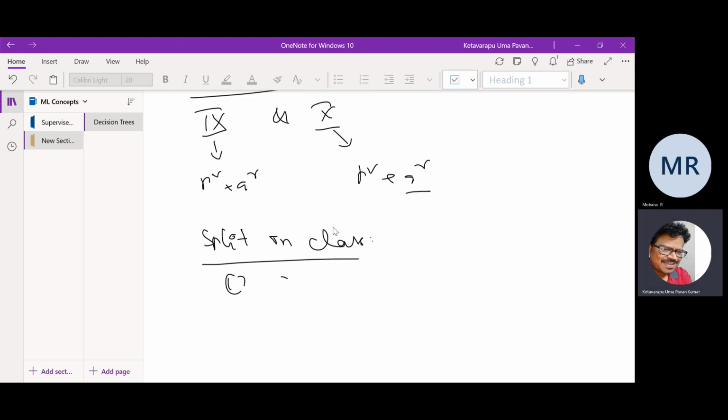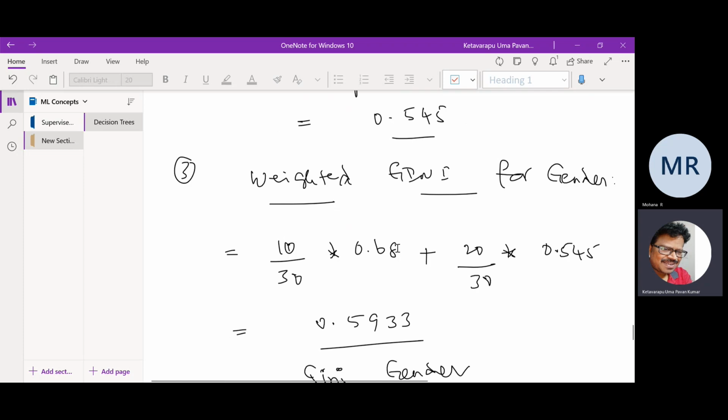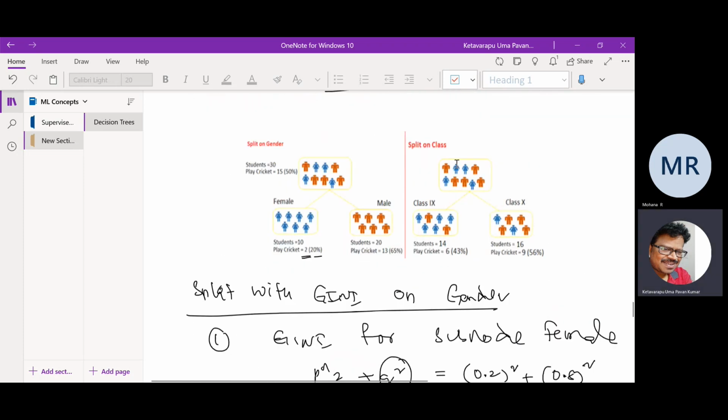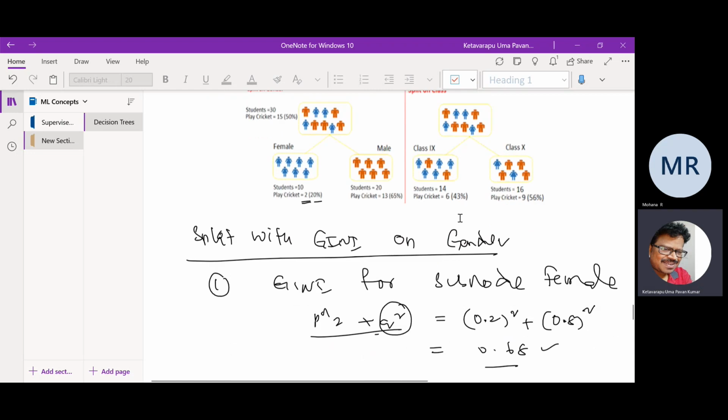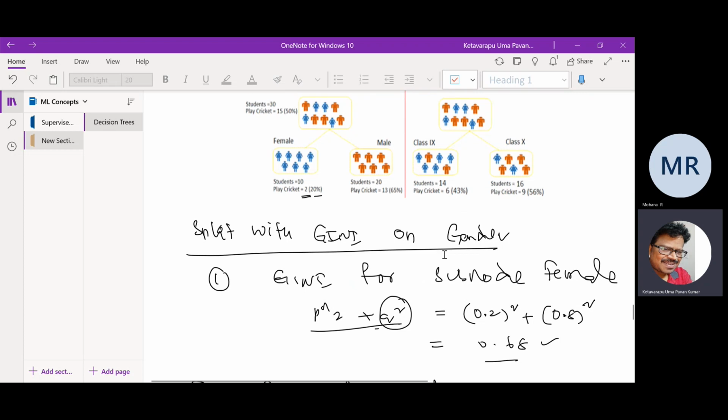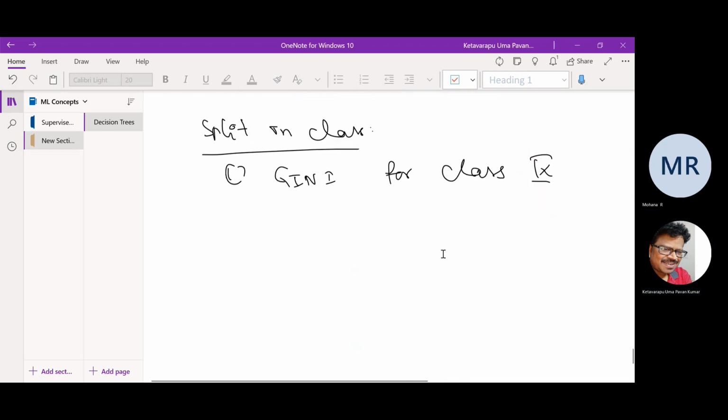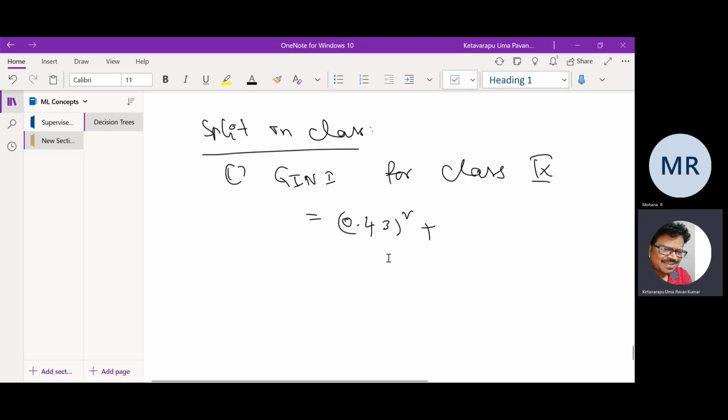So the very first thing is Gini for class ninth. If you go back to the image and focus on this portion, guys: in class ninth, how much percentage are willing to play? 43 percent. So for the ninth class I get 0.43 whole square, plus the other term.